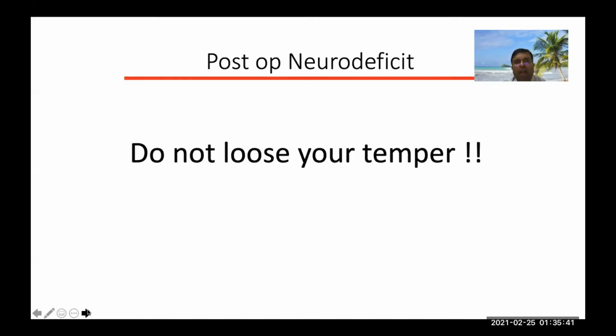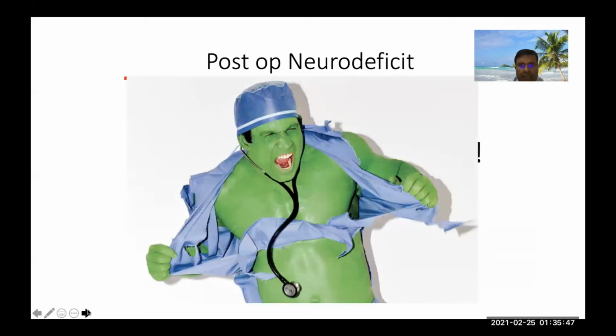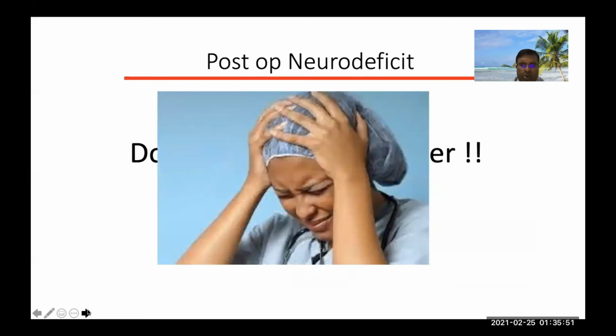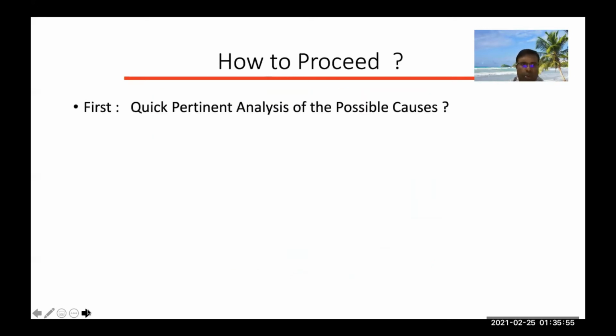Now, what do you do when you have these situations? Number one, do not lose your temper, because you getting mad makes the whole team lose their temper and you will not end up with a solution. What do you do?